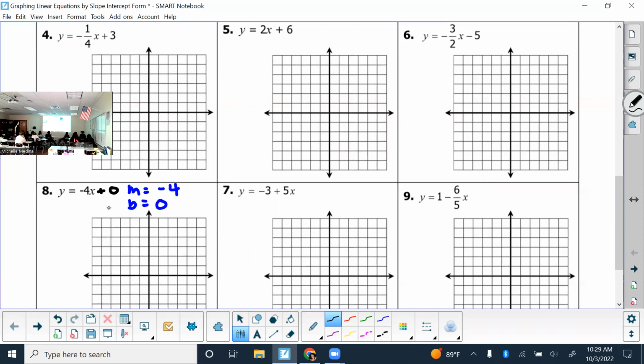Now in 7, it's a little bit different than normal slope-intercept form. How can I make it look like slope-intercept form? Split the 2 first. Because I still have an x term and I still have a constant, don't I? So I can still see my slope and my y-intercept.